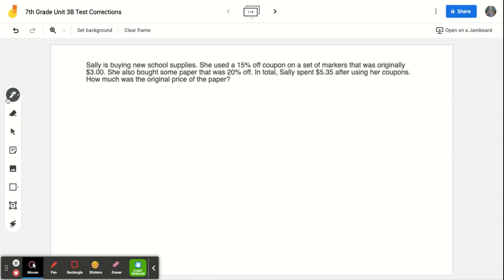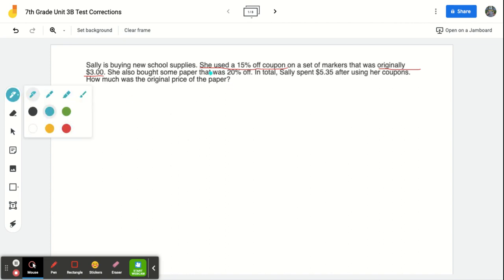So let's go ahead and mark some things that I see that are important. She used a 15% coupon, which means she's going to be taking money off. Those markers were originally $3. So she's not going to pay $3 for the markers because she has a 15% off coupon.